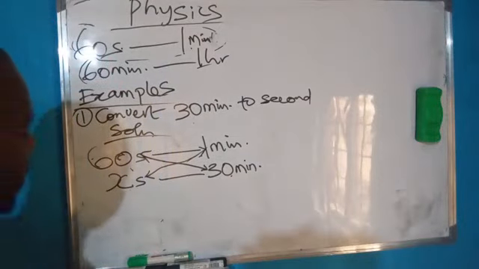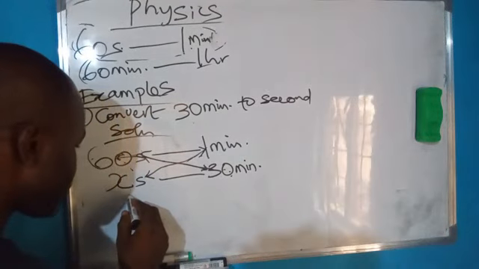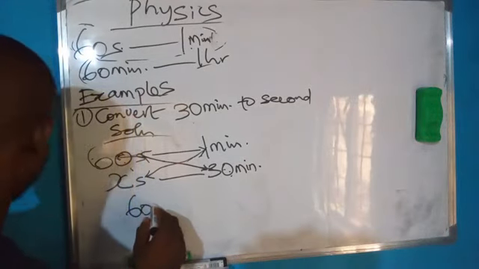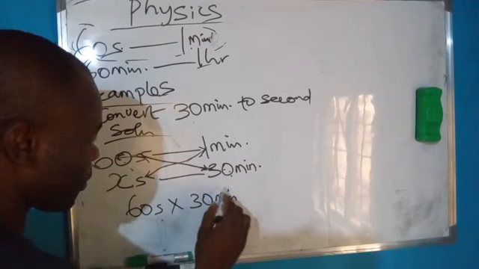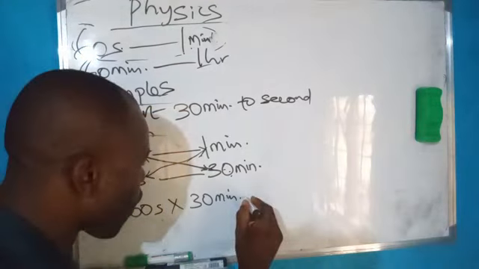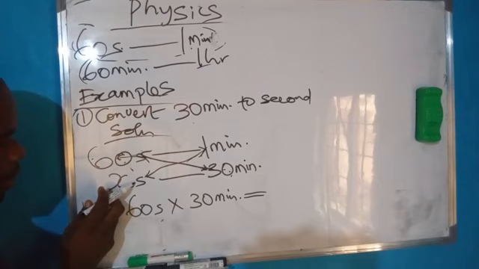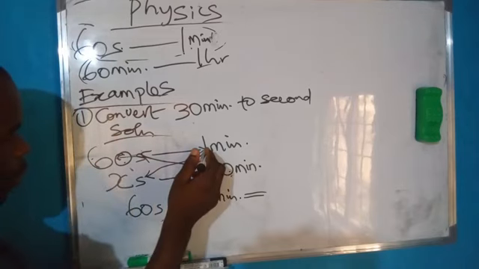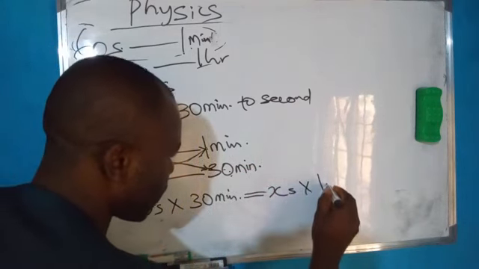Now you say 60 seconds times 30 minutes will give you 60 seconds times 30 minutes, equal to x seconds times 1 minute.